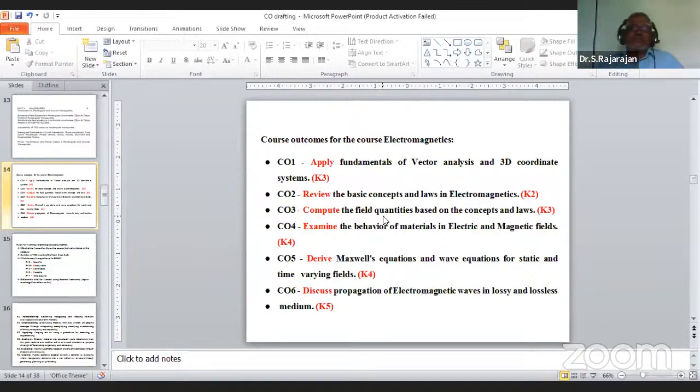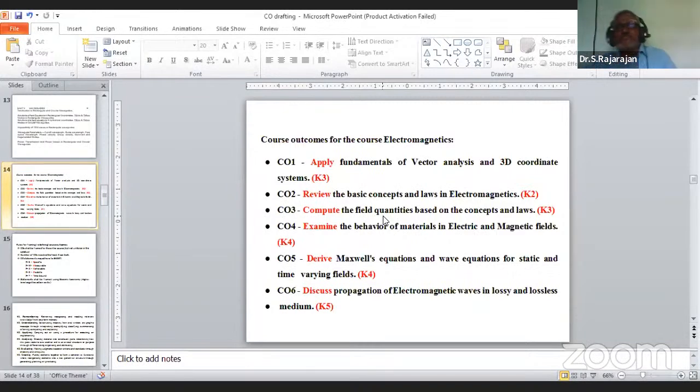Third, course outcome 3 is: compute the field quantities based on the concepts and laws. Compute means the students have to solve the problem, or the field quantities have to be computed by the students based on the concepts and laws taught in the previous unit or previous CO. When you do like this, K3 level they have given, because compute is the action verb they have given.